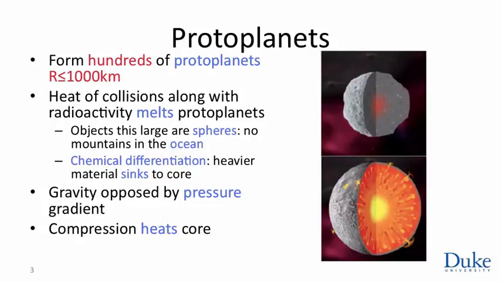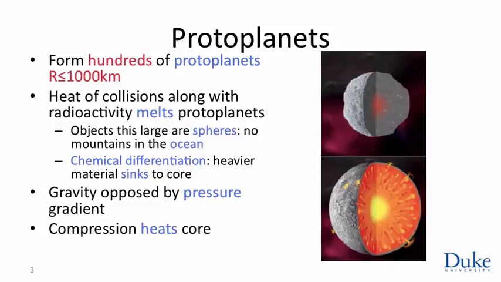If it is spinning, it will be slightly oblate, slightly fatter at the equator than at the poles because of, again, the centrifugal barrier that we talked about. But as long as it's not spinning too rapidly, it will be approximately spherical. This is one important process that takes place. All of these protoplanets are assuming spherical shape.